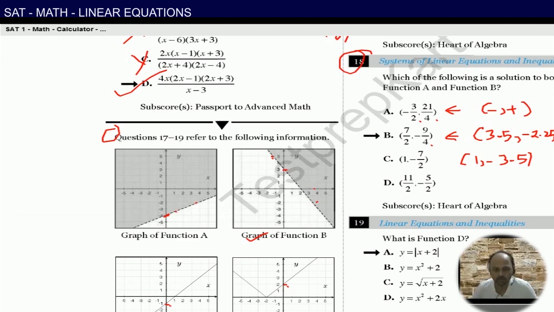And 1, -3.5 doesn't belong to function B, so it is discarded. Next, 5.5 and -2.5 would be somewhere around here. For function B, it matches, and for function A, I believe it won't be here. So D is discarded. And between A and B, B seems to be most accurate, so we have to choose that.